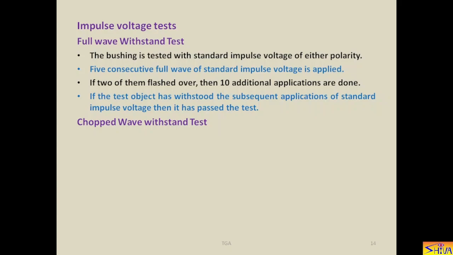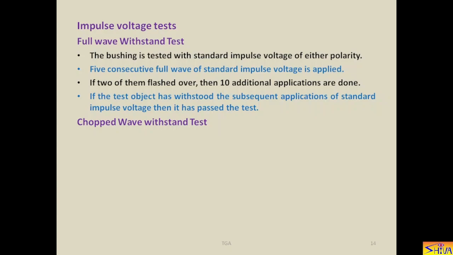So lightning arrestor will discharge the lightning over voltage. Now when it is discharging the lightning over voltage, the impulse wave will be chopped down. When it is chopped down, there is possibility that rate of rise of the voltage, that is residual voltage which is appearing across the bushing and transformer, is high, and this can damage the insulation or bushing.